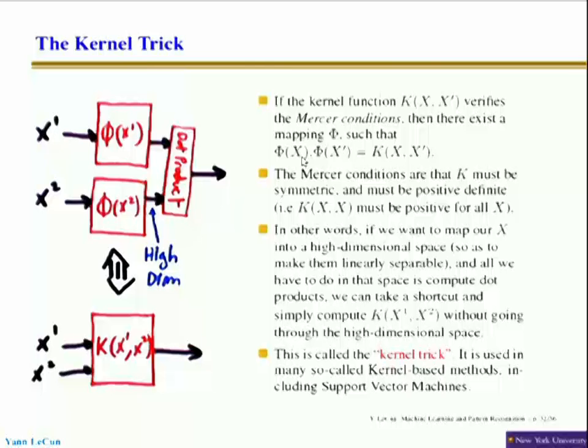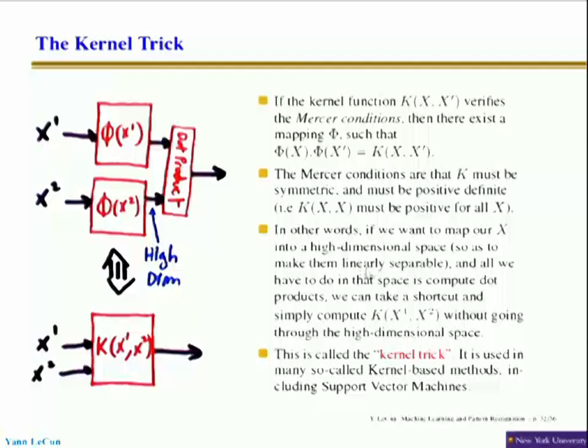So the dot product between phi of x and phi of x prime is equal to the application of the kernel function to x and x prime if k is a so-called Mercer kernel. And Mercer kernels are those for which this k matrix is symmetric and positive definite or positive semi-definite.